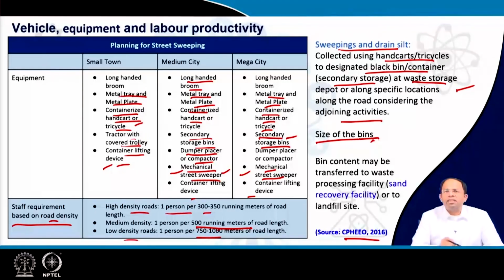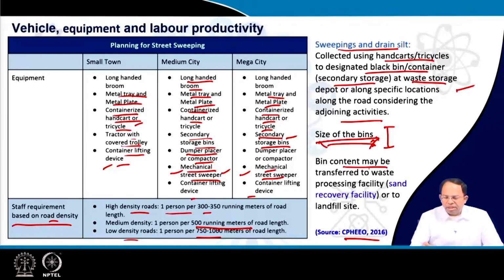Now, the size of the bins also needs to be determined based on what kind of waste is generated, the character of the city, density, and all this. We can increase the frequency of collection, but at some point beyond that you cannot improve on it, or it will be too costly. So maybe we have to go for larger size bins.